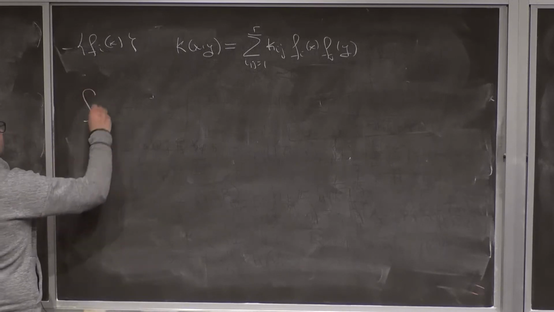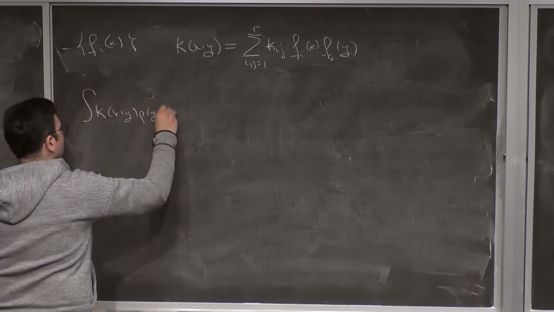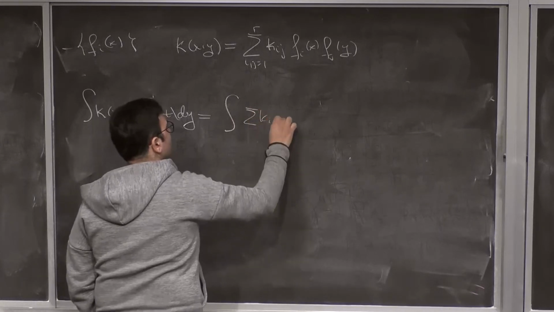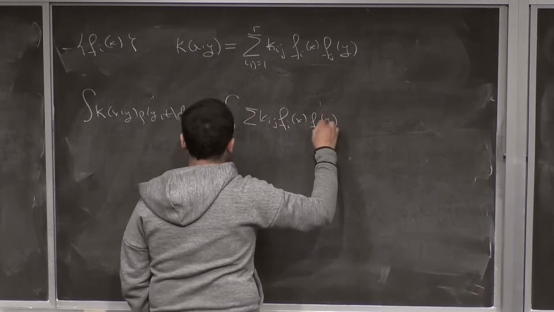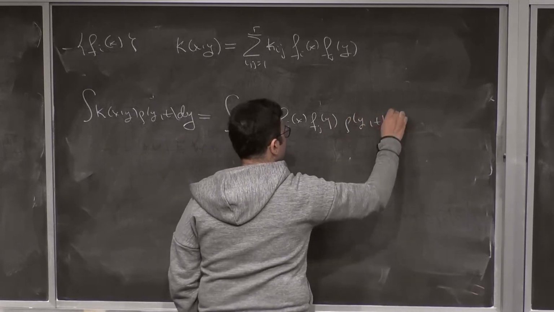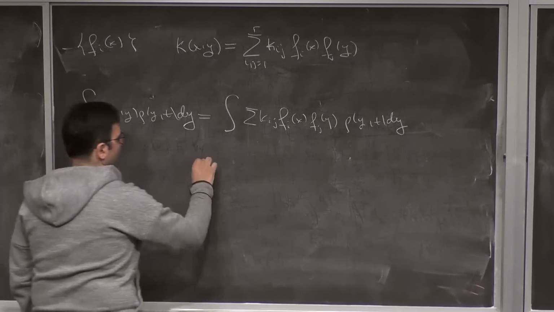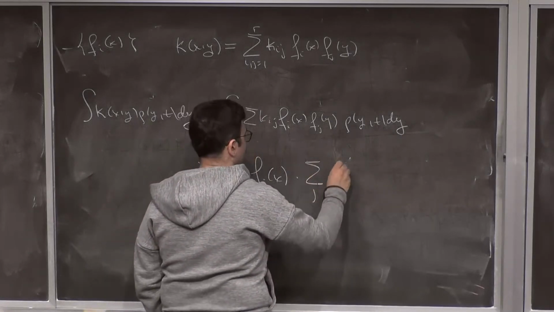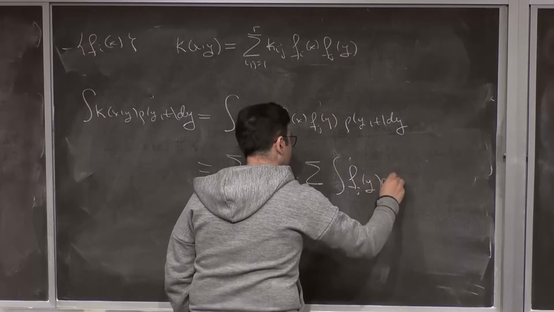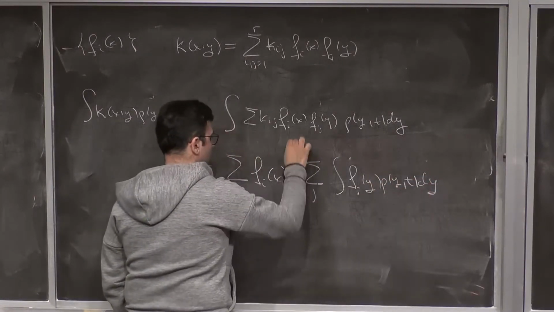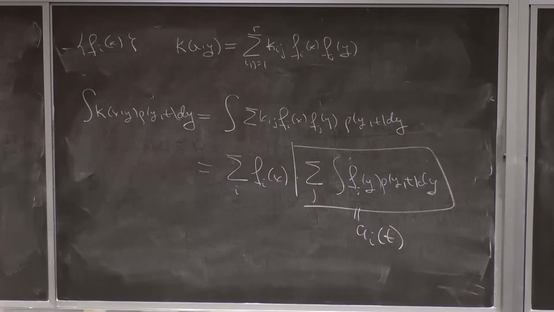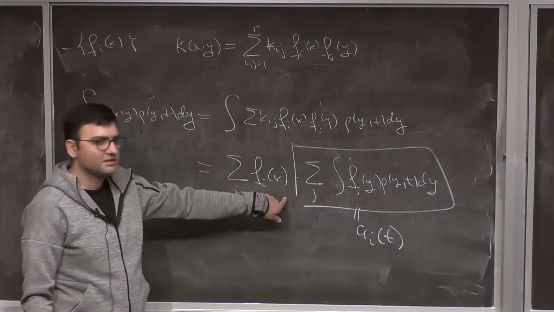Then if I calculate the integral, this is going to be equal to the integral with f_j(y) dy, and after rearranging things, if your kernel has that form, then no matter what you choose for rho, it's going to be expanded in f_i.